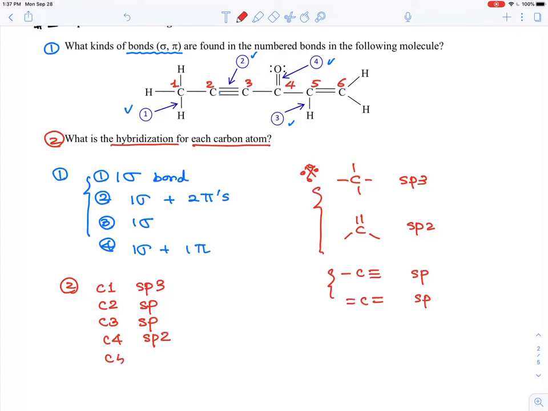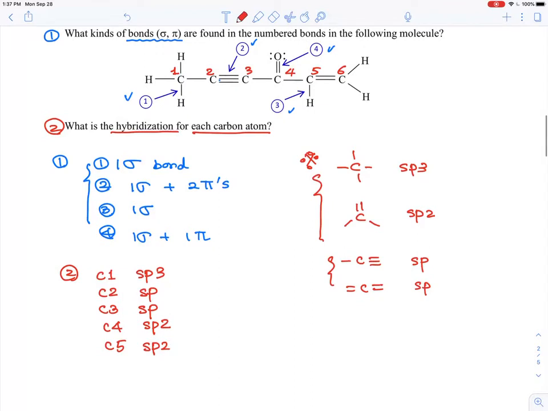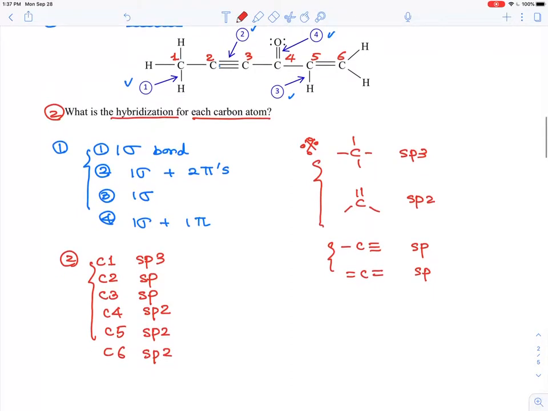Carbon number 5, you see the double bond and then 2 single bonds, so 3 sigma bonding. So the number of sigma bonding defines the hybridization state, and the pi bonding is coming from the p orbital, which is unhybridized. C6 is the same as C5. Okay, I hope you understand this one.